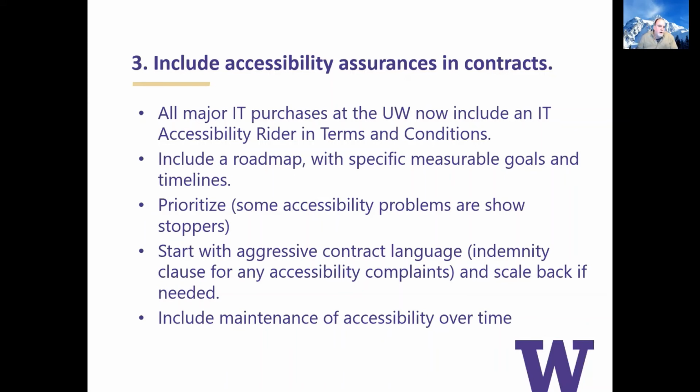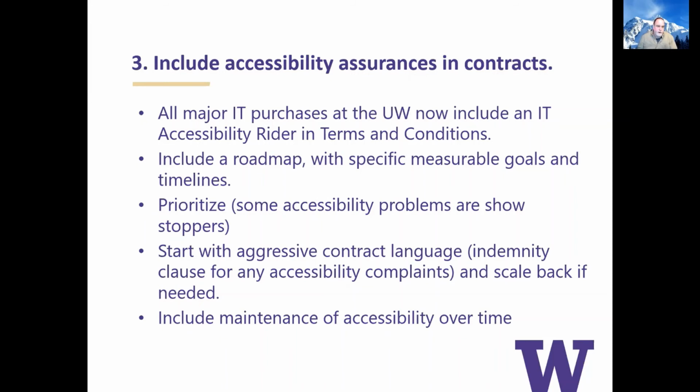We want to get a prioritized list. Some of the items that we might identify with a proposed new product have issues that we call showstoppers, which means there is some important functionality that is impossible for some people with disabilities to accomplish. And we want those showstoppers to be prioritized first, and we would like them to be addressed before the product gets deployed.